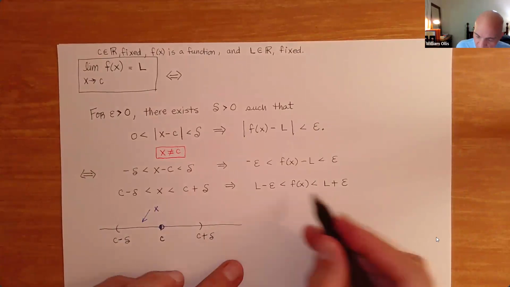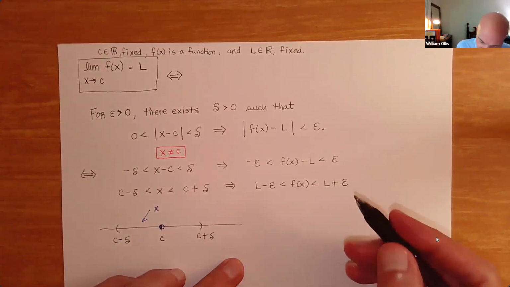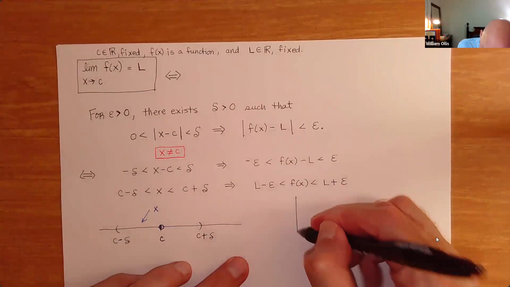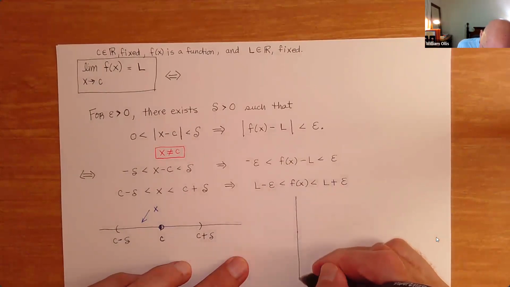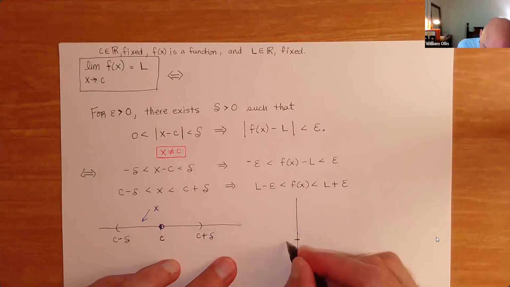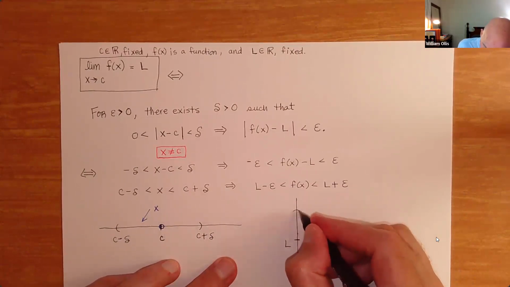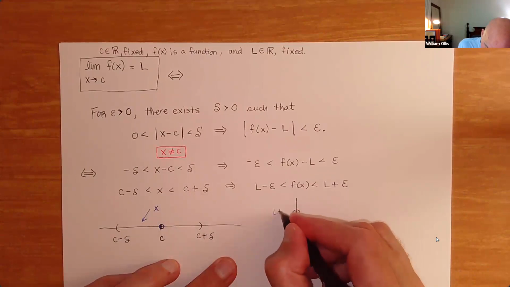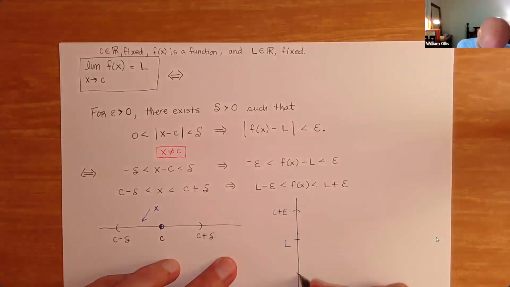And then you could think of this as being on the y-axis if we think of the Cartesian coordinate system. So we'll mark off the L, and then the L plus epsilon, and then the L minus epsilon.